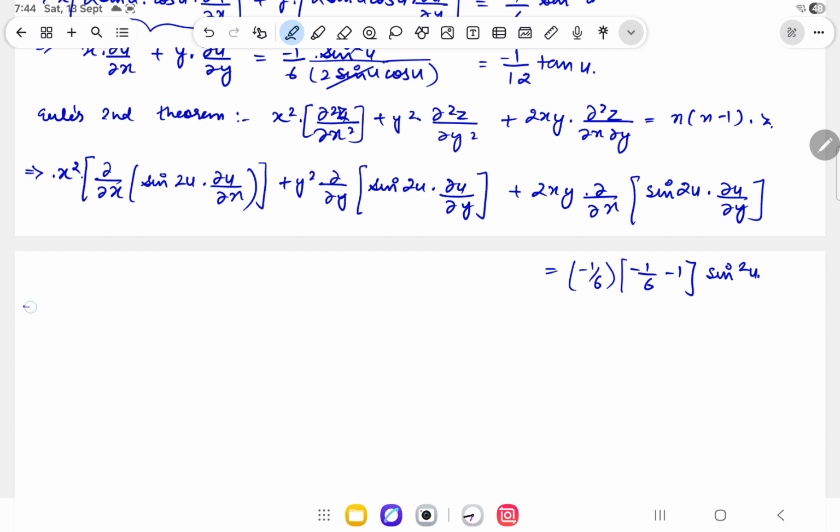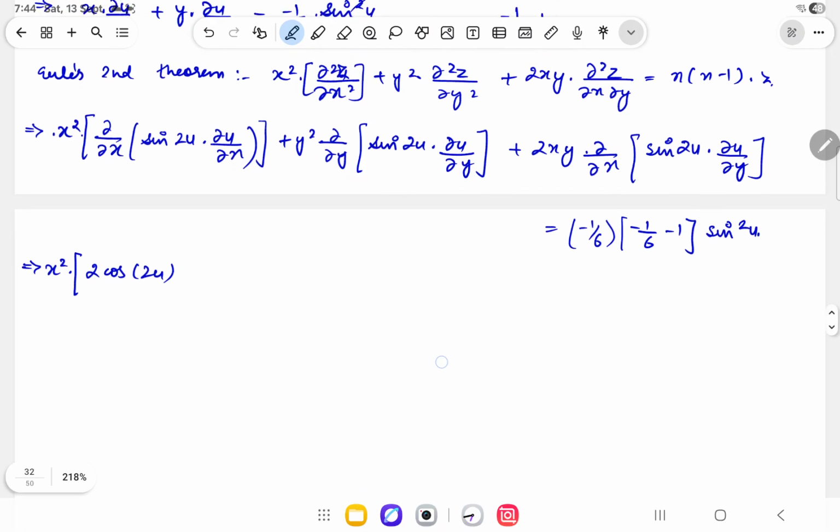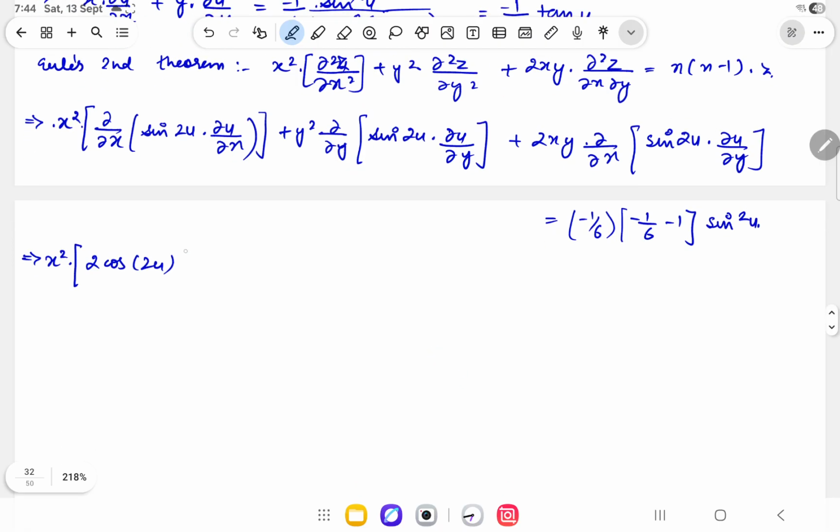So from here I'll be getting x² into sin 2u, that will be basically 2 cos 2u into del u by del x.